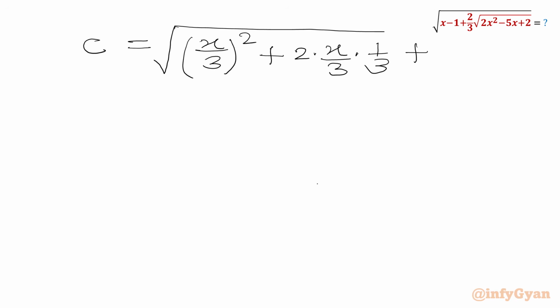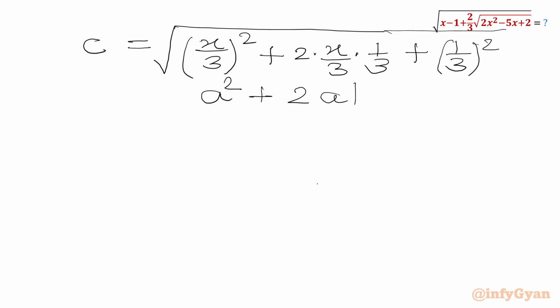And then we have 1 over 9, which we can write 1 over 3 whole square. So it is creating one algebraic identity, a square plus 2 times ab plus b square, which we can write equal to a plus b whole square.